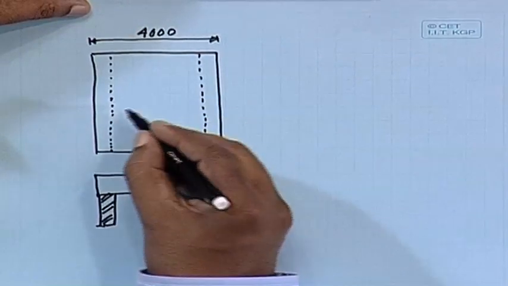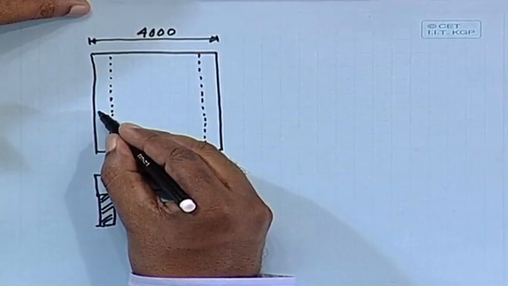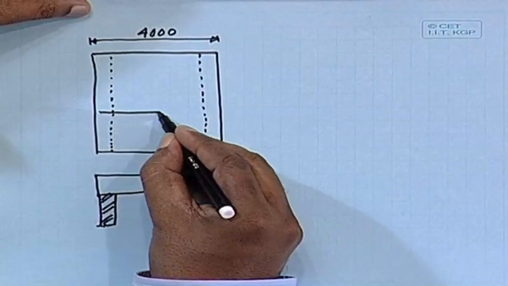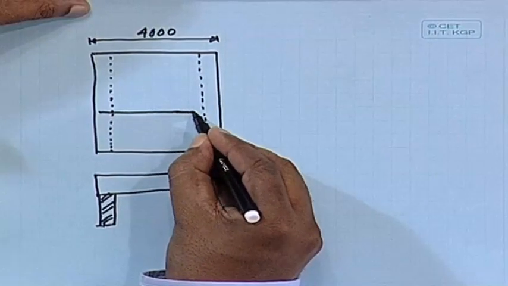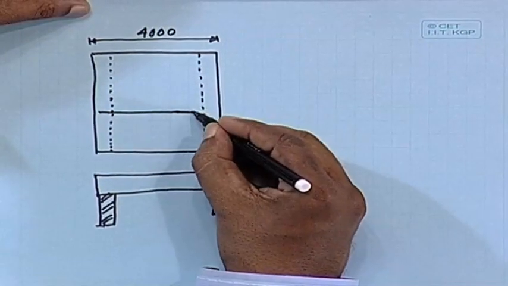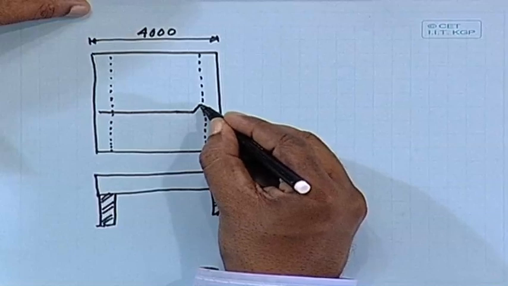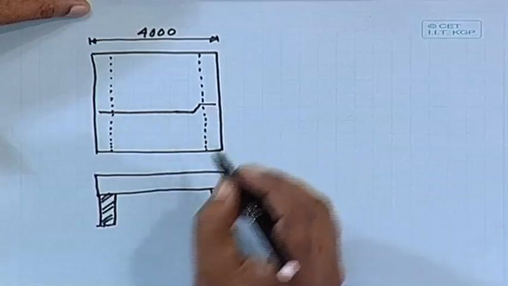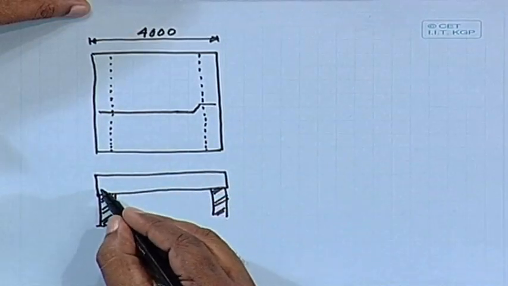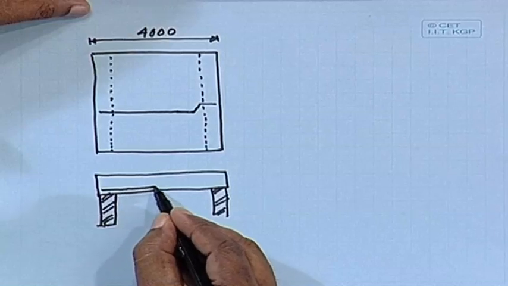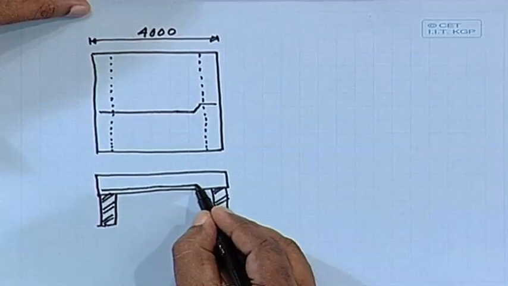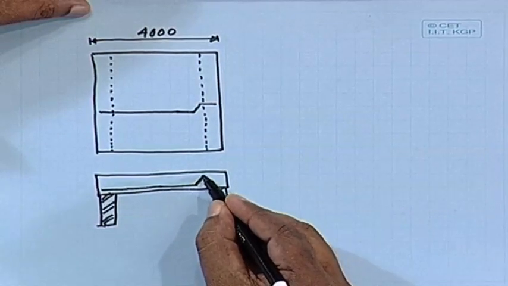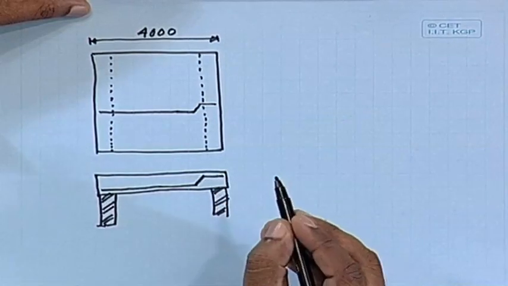Let us start. This is the one we are starting here, one bar, and then it will be cranked and go up like this. We are starting from here, then go up, and this one.